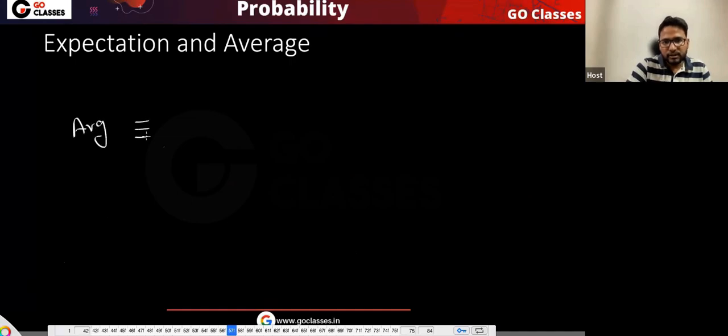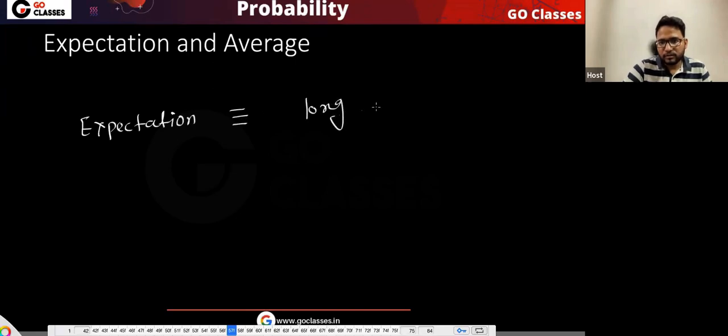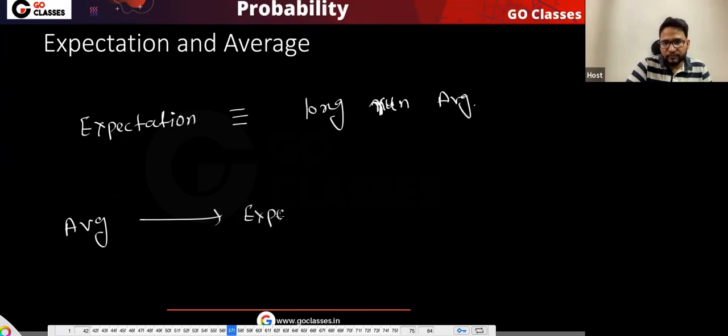Expectation is the same as the long run average. Or, in better words, the average will tend to the expectation if we have a large sample.